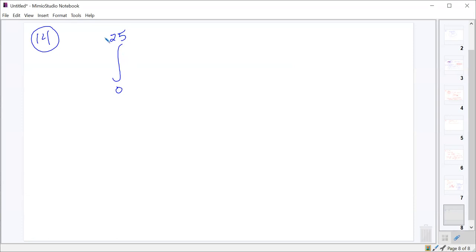So we're going to do 0 to 25 of that population function, which I'm just going to write as capital P of t. Since we're looking for an average, we have to put 1 over 25 minus 0 in front of it. And that's really all that one should be. I don't know what it comes out to be.